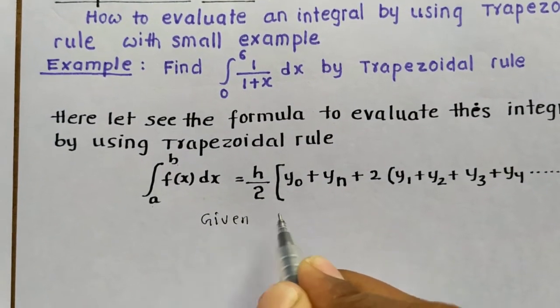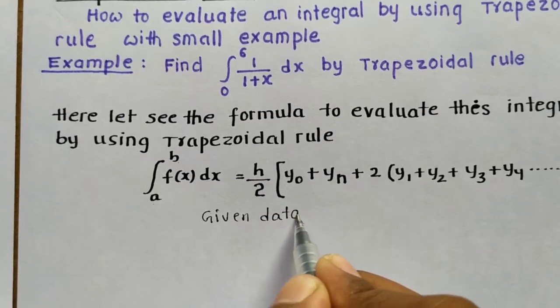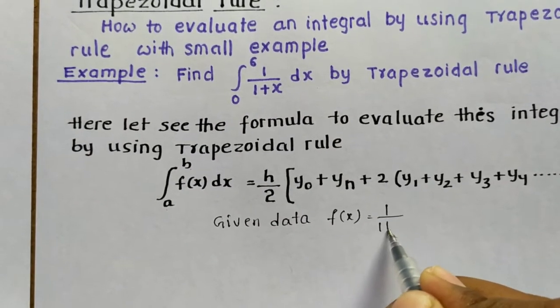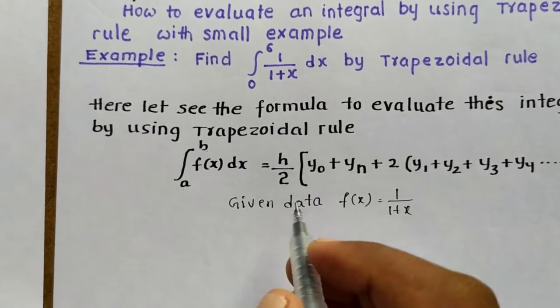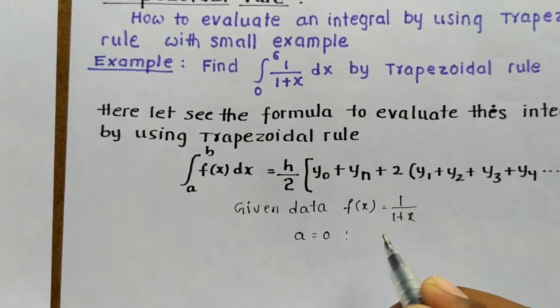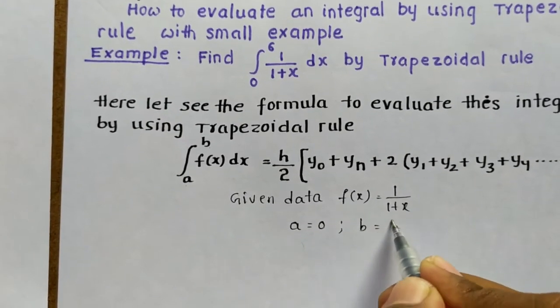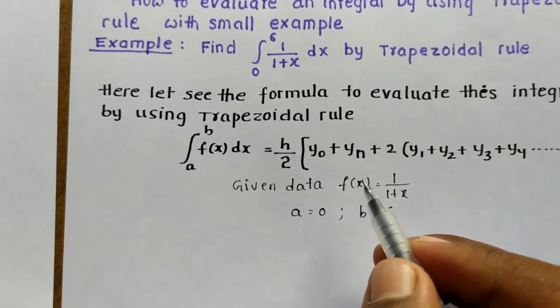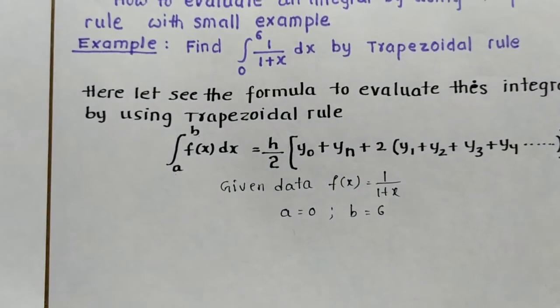The given data is f of x equals 1 by 1 plus x, the value of a is 0 and the value of b is 6. In the trapezoidal rule, you can take any number of subintervals.